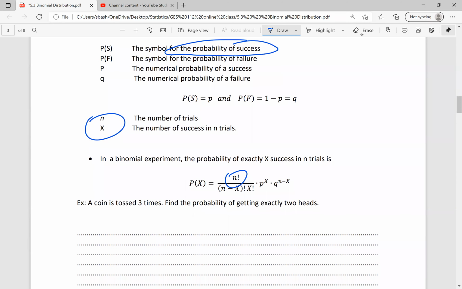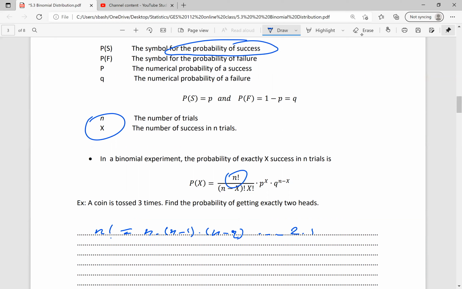The n factorial is equal to n multiplied by n minus 1, multiplied by n minus 2, and doing this down to 2 times 1. So it is n times n minus 1 times n minus 2 up to 2 multiplied by 1, because this is n factorial.